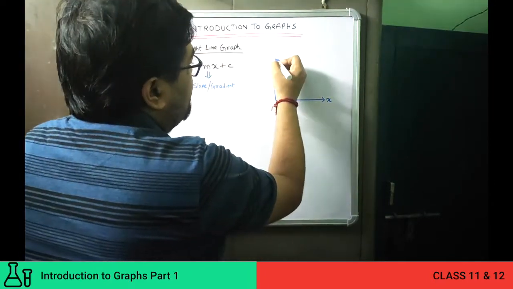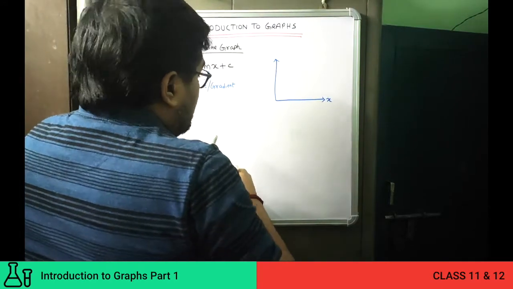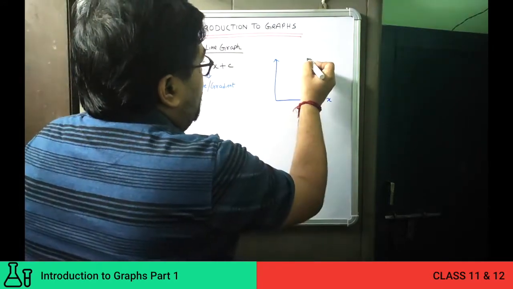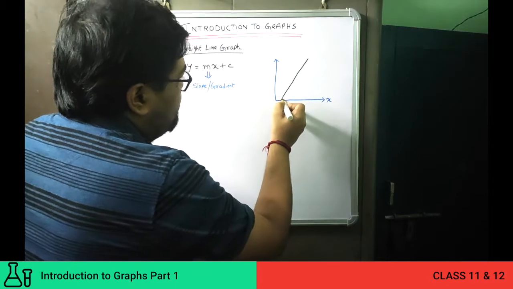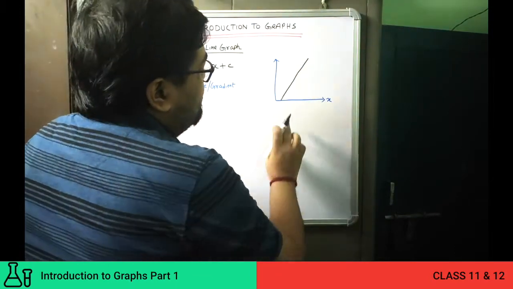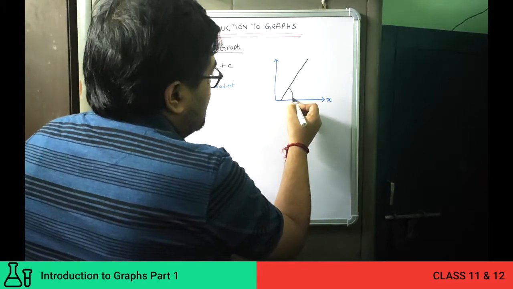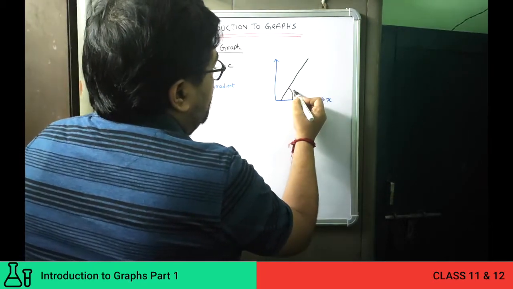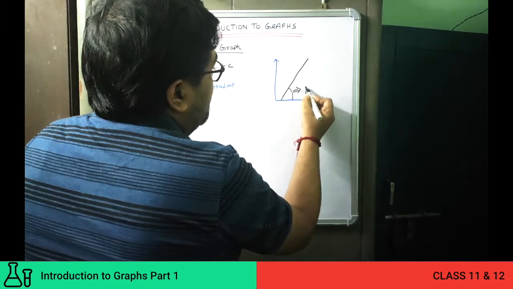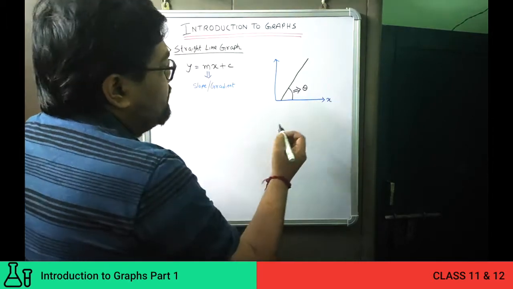Suppose this is the x-axis and this is the y-axis. Now, if I draw a line that is meeting the x-axis at this region, so its slope will be the angle towards the positive side of the x-axis. This will be the value of theta.